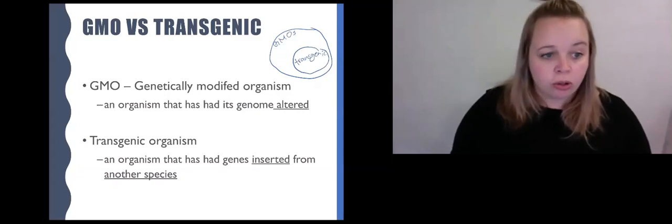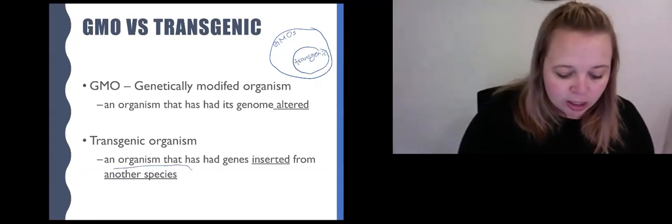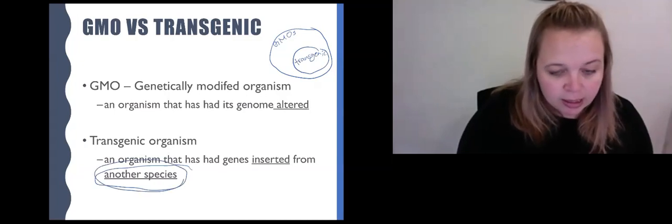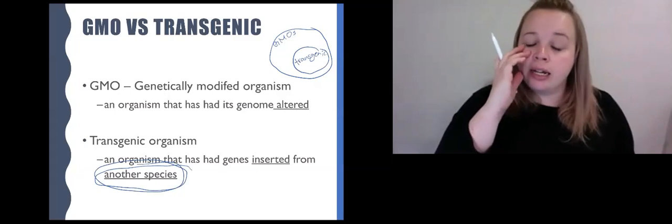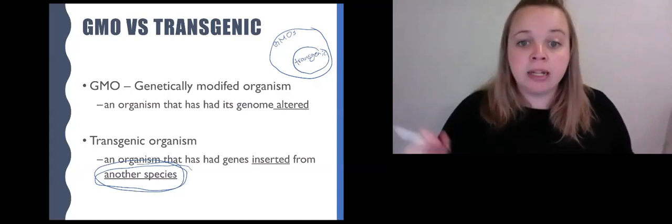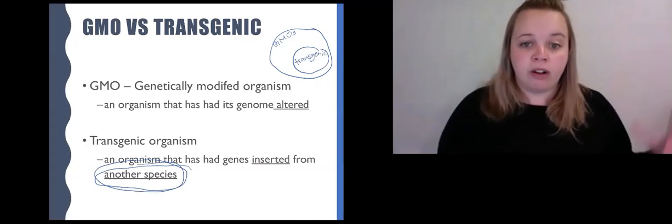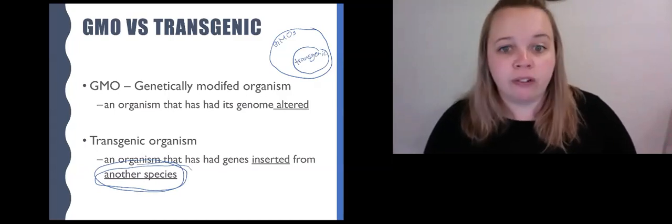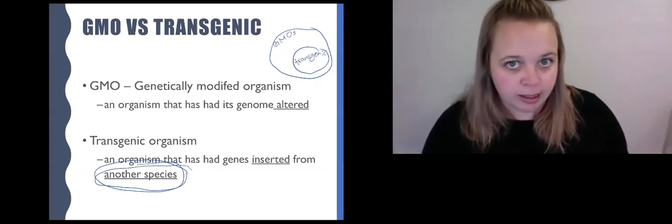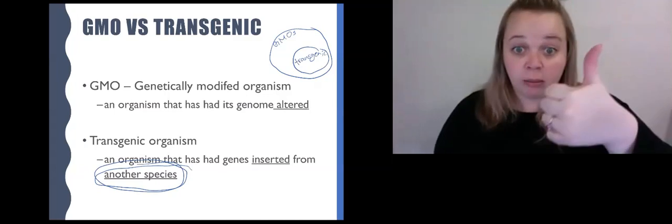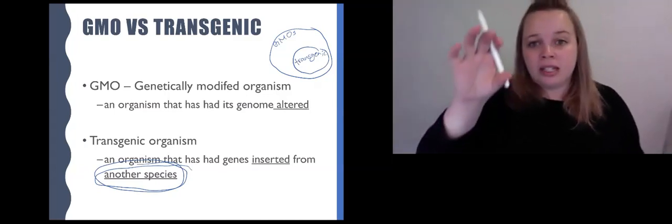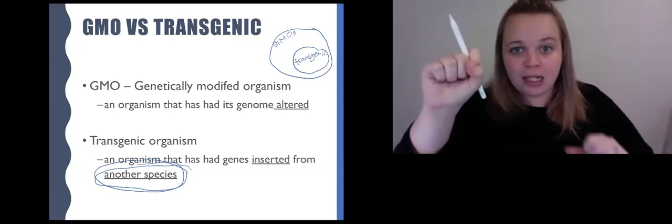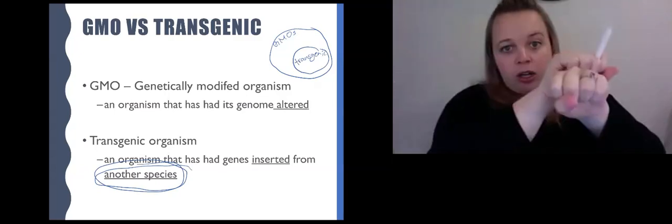A transgenic organism has to mention DNA from another species. Okay, so you might be given a question where it says a pig that has been genetically modified to exhibit the jellyfish gene for fluorescence. Now that is a genetically modified organism, but it is also a transgenic organism because the gene from the jellyfish, one species, has been taken out and put into the pig.